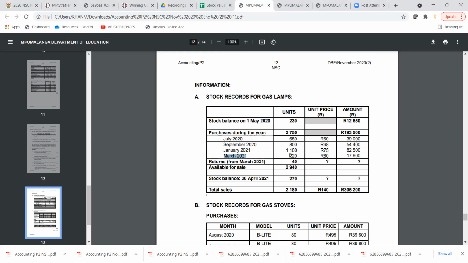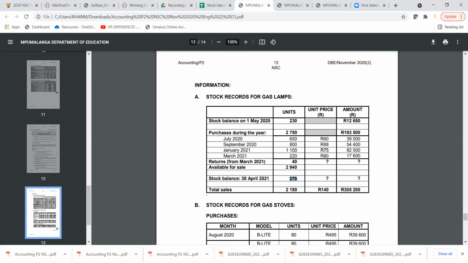We realize there's only 180, 220 minus 40. So of the 270, 180 units will be valued at 80 Rand per unit. Now we still need another 90 units.